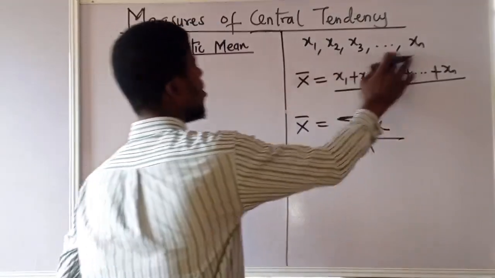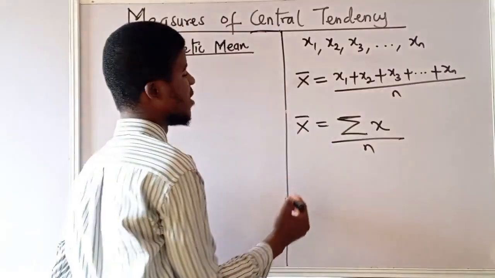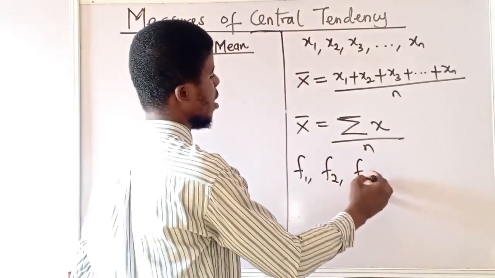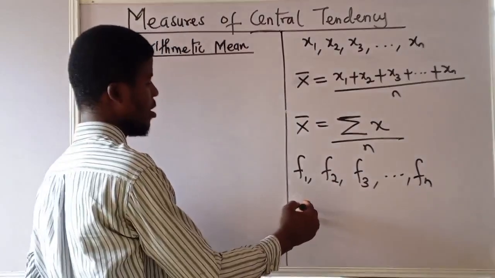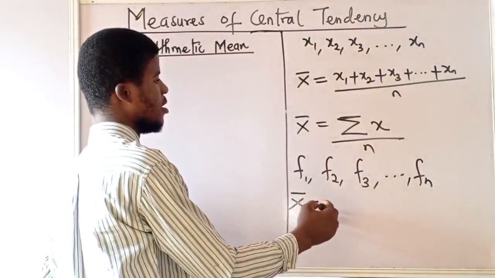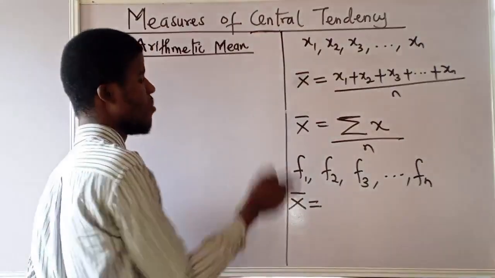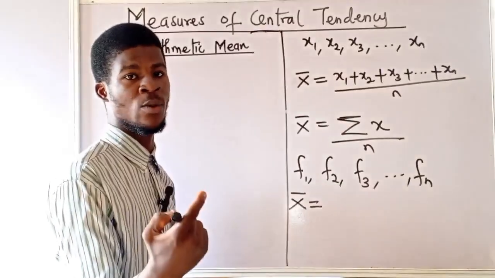What if these numbers have frequencies? Let's say their corresponding frequencies are f1, f2, f3 to fn. The arithmetic mean is the summation of the product of each number and the corresponding frequency divided by the sum of the frequencies.